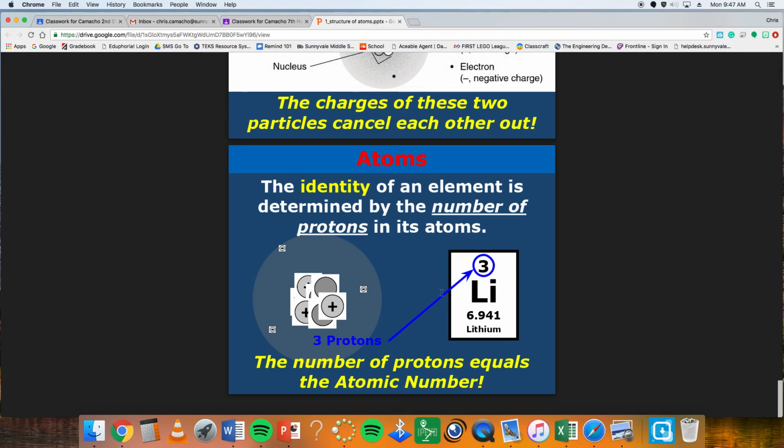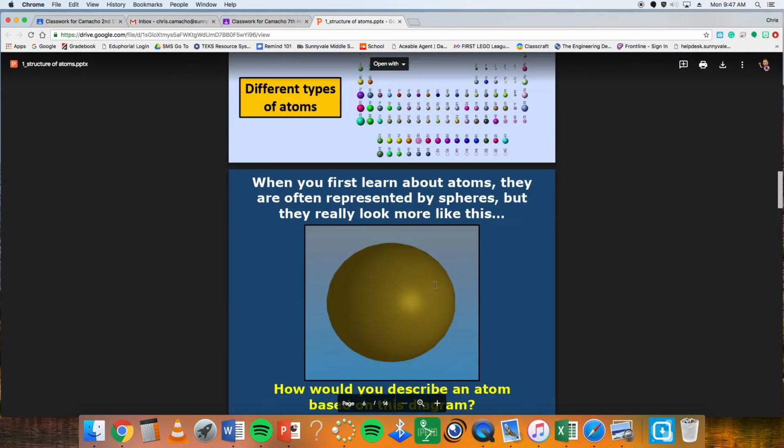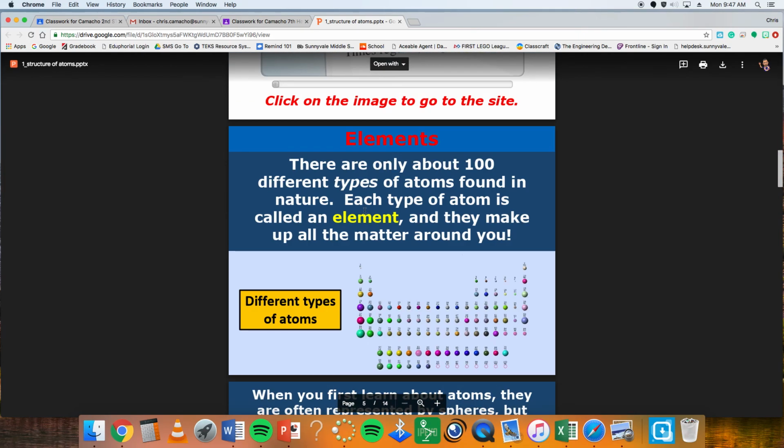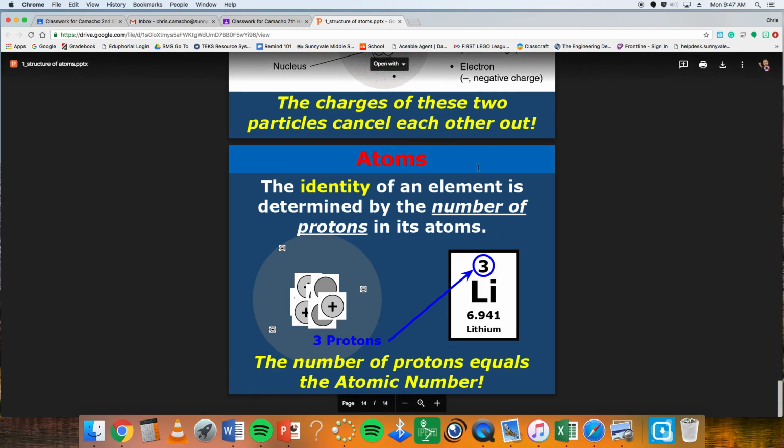If you scroll all the way back, and I'm doing that right now, to the very first slide, where we have the model of the lithium atom, look at protons. There are 3. So that means 3 electrons. That also means its atomic number is 3. So go ahead and chew on that a little bit.